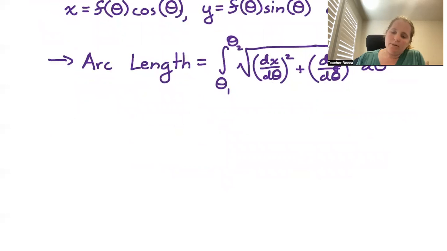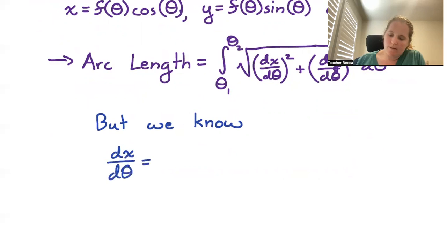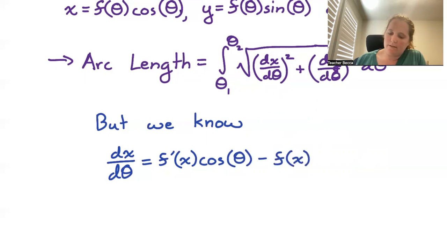So we also have, but we know that dx d theta is f prime of x times cosine theta minus f of x. Sorry, not x.